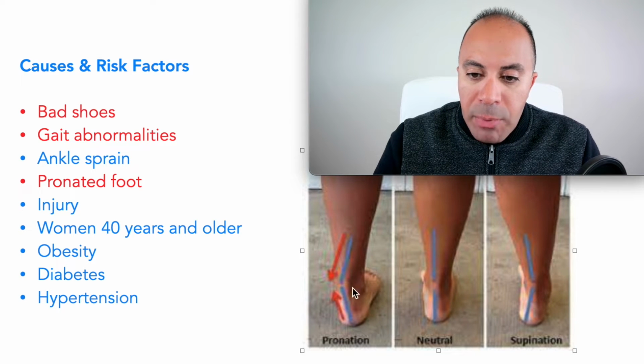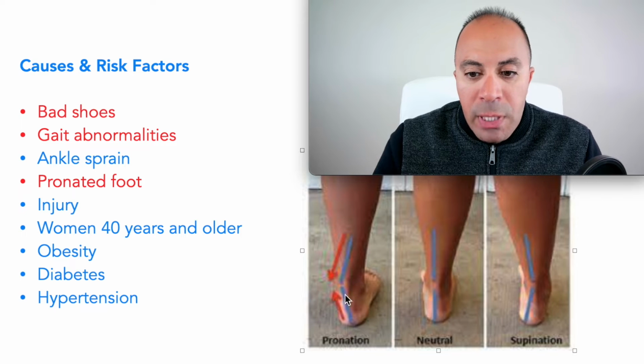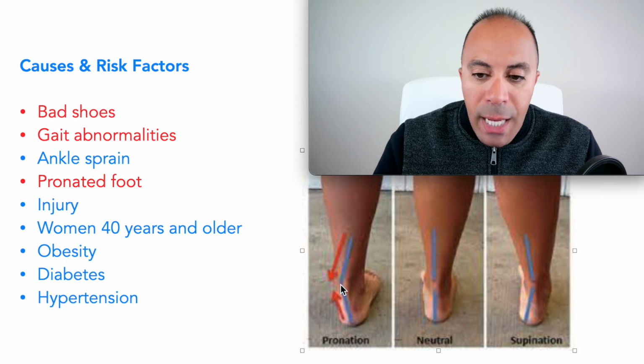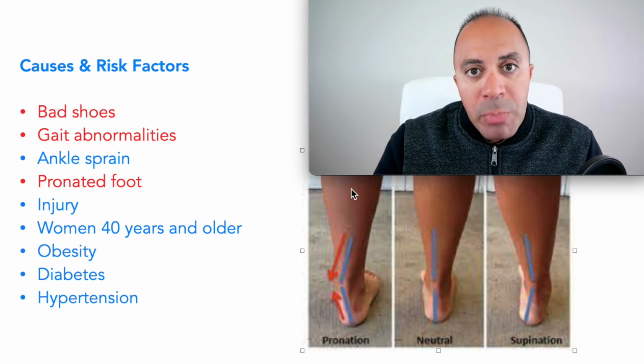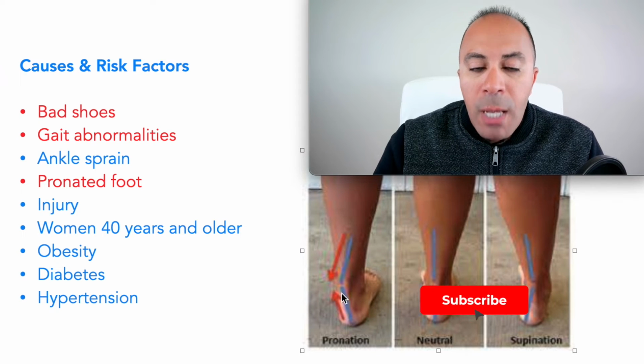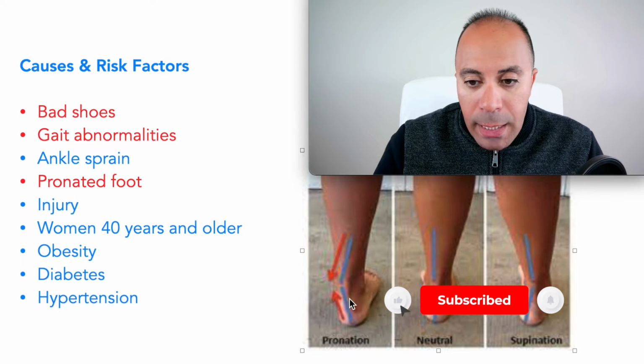That's actually a very high risk factor for posterior tibial tendonitis, because when your arch collapses like this, it overstretches and stresses the posterior tibial muscle, puts pressure on the tendon, and causes micro tears in the tendon and tendonitis.